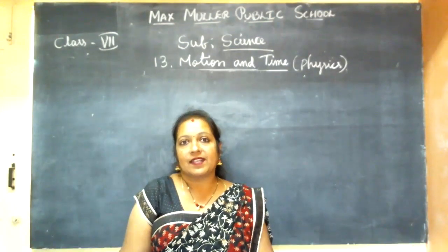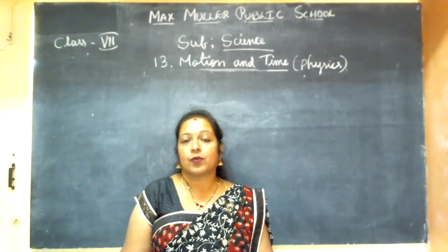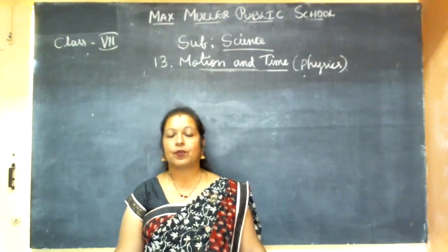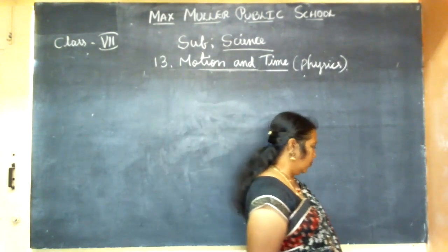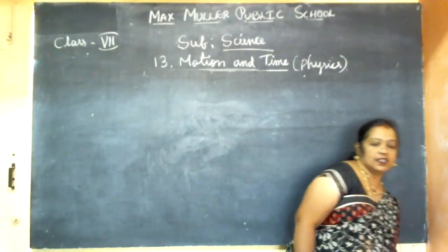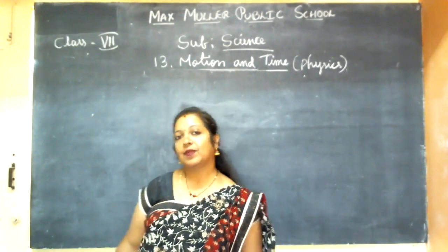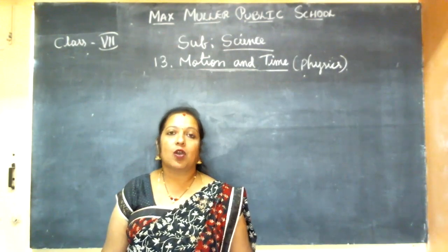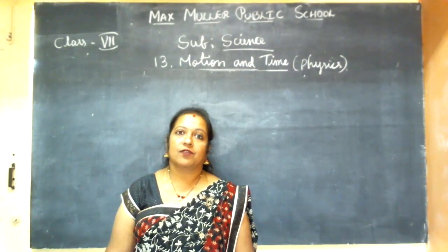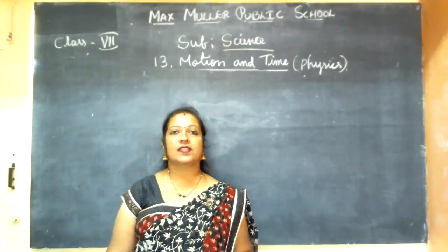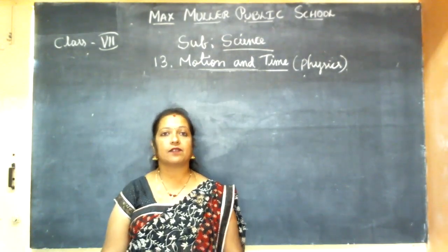Then we moved to faster and slower objects. If a body is moving faster, how do we identify it? We have to understand two things. One is the distance. If the distance is fixed, suppose a race is going on for 100 centimeters, how do you identify who is moving faster and who is slower? Whoever reaches the target in a shorter duration of time is considered the fastest.